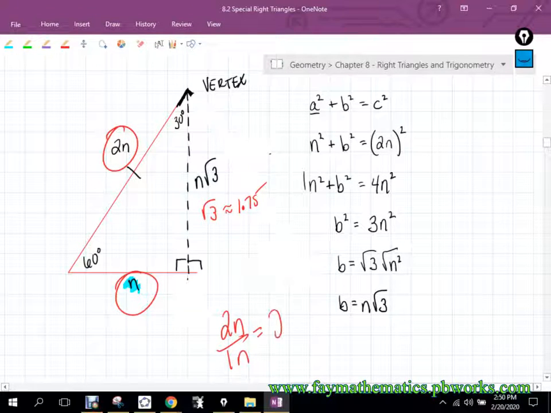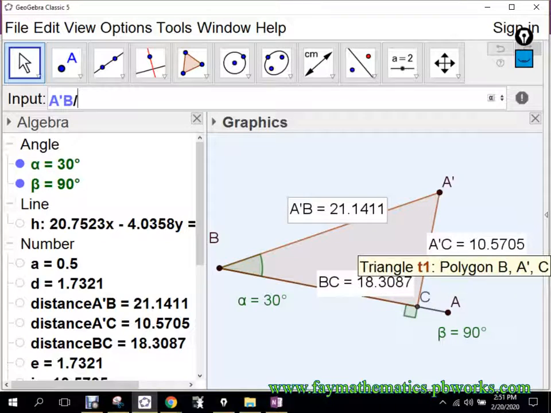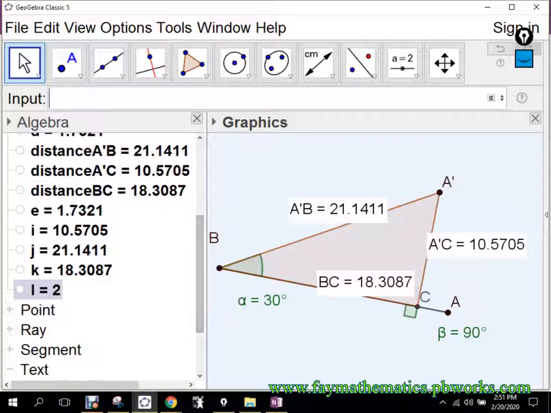So reduce to 2. Okay. So let's see if that happens here in GeoGebra. If I take A prime B and I divide it by, so that's 2, and I divide it by n, which would be the side across from 30, which would be A prime C. It's showing that number right there, which is 2, right?